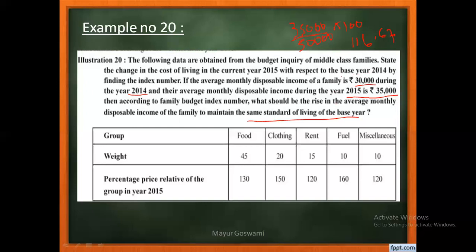This would be the answer, right? So what is the percentage increase as compared to 2014? Increase, I would ask. It is 16.67%. This much is increasing, and in the previous sum 5% was increasing, right? So again, first you have to calculate the cost of living index number and compare it with this 16.67%. Is it clear? Let's see.